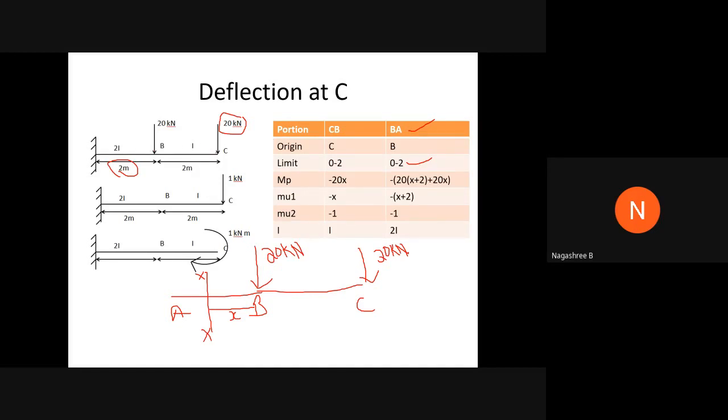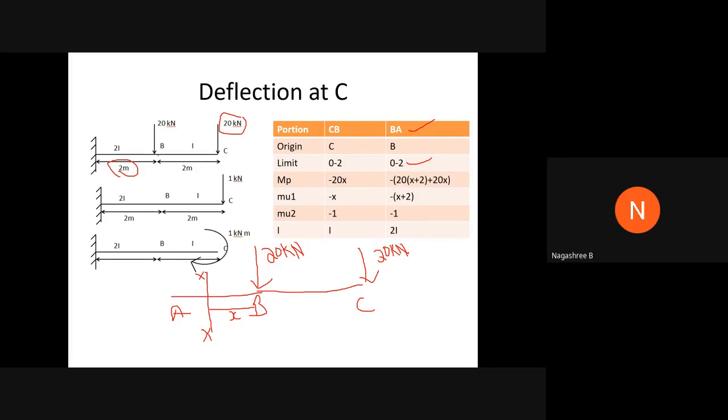If we take CB into consideration, there is no point previous to point C, so C is the only starting point. Therefore, I have considered CB itself as a separate entity.